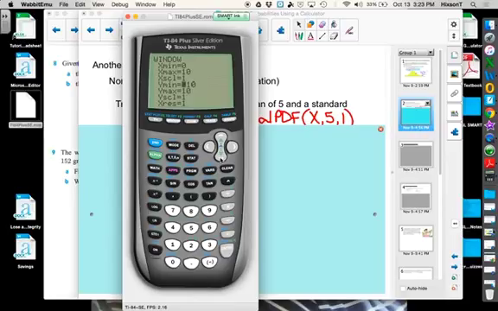Then I need to think about vertically. What do I set my window at? We could go from -1 to 1, and that'll work.